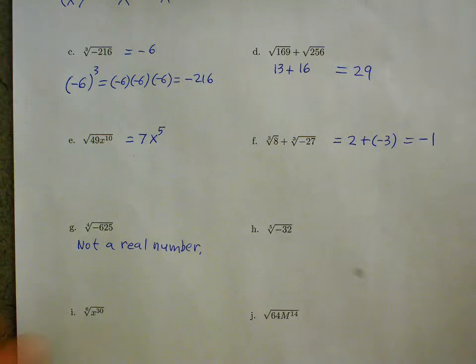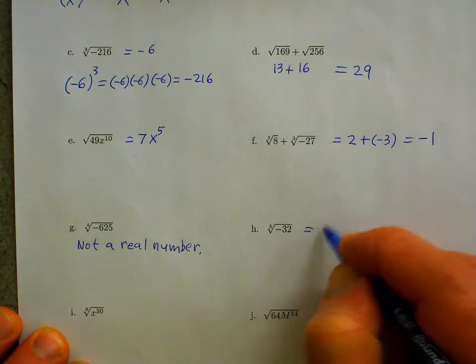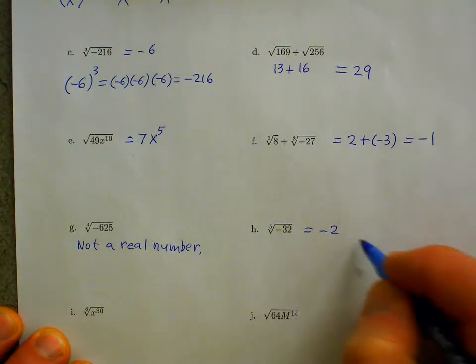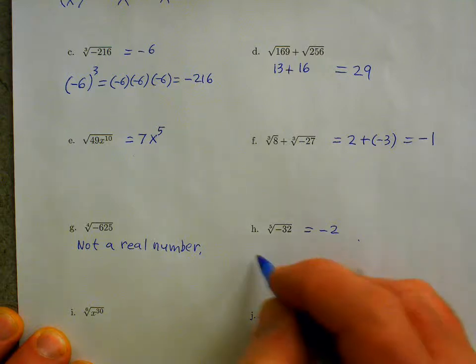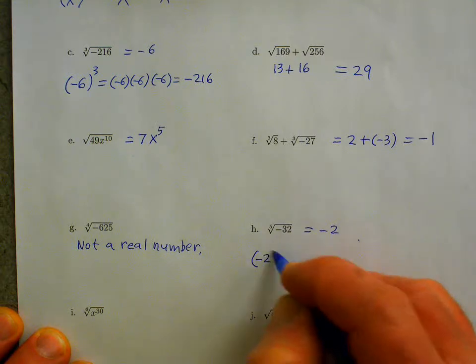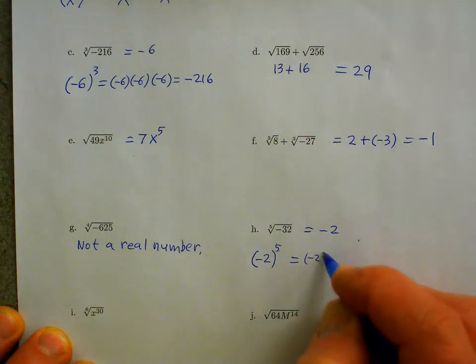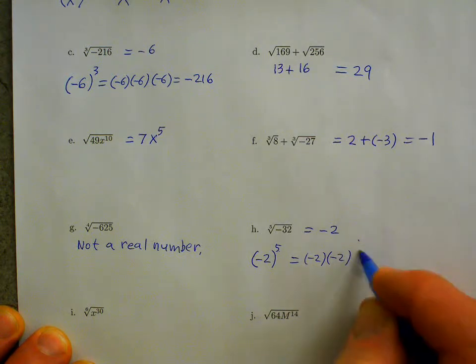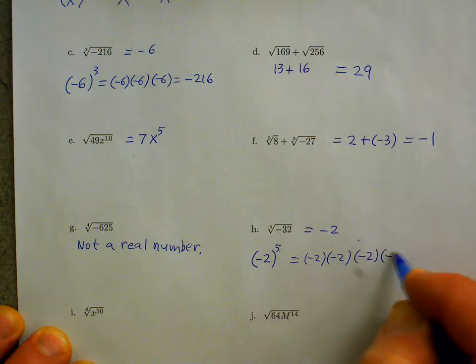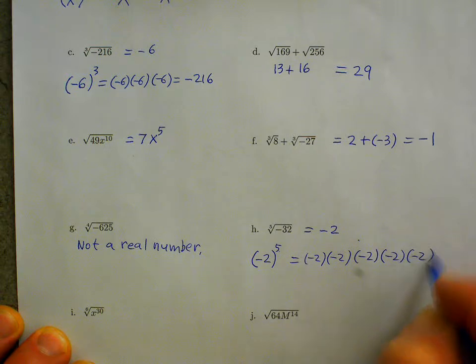Yeah, this one is -2. So in the reverse order, if you raise the number -2 to the 5th, in parentheses, it means -2 times -2 times -2 times -2 times -2, which is -32.